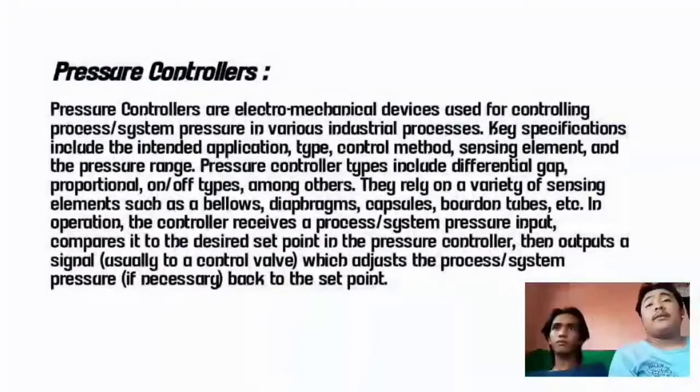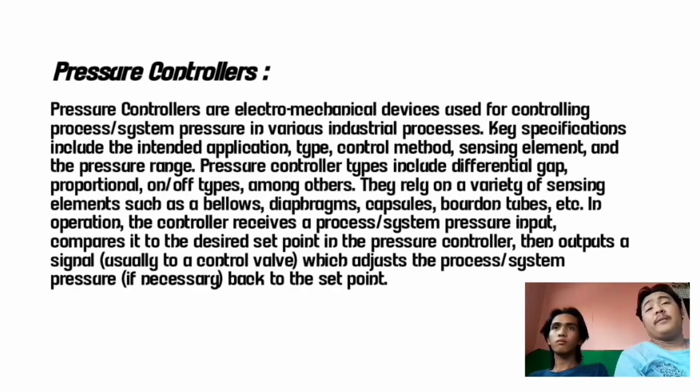Pressure controllers. Pressure controllers are electromechanical devices used for controlling process or system pressure in various industrial processes. Specifications include the intended application, type, control method, sensing element, and the pressure range.